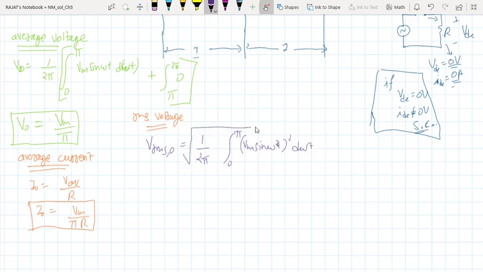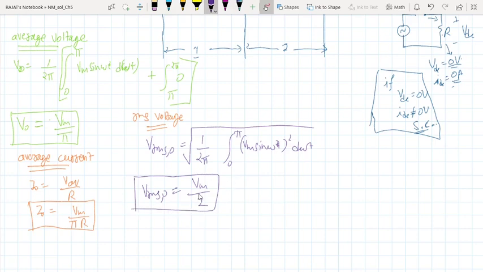RMS means root mean square value, so firstly square the instantaneous value, then calculate the mean of that, and after that take the square root of the whole term. Then you will get Vm upon 2, if you solve the equation.